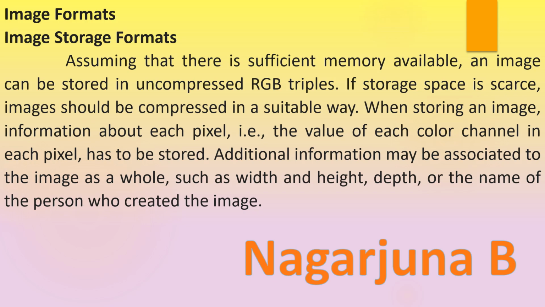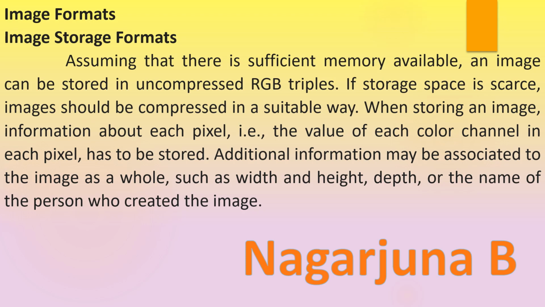If the storage space is scarce, that means if the storage space is less, then the images should be compressed in a suitable way. If there is no scarcity of storage space, then the images can be stored in an uncompressed format. If there is a scarcity of storage space, then the images should be compressed in a suitable way for the purpose of storing an image.